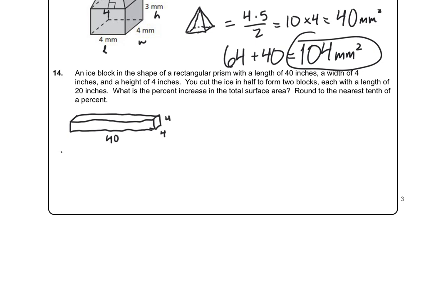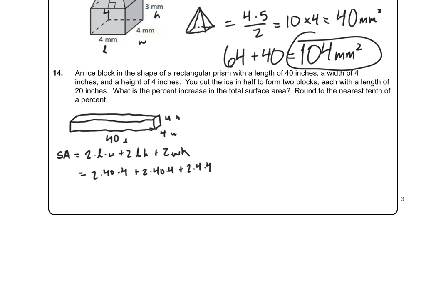To find the surface area of this one, it's 2 times length times width, plus 2 length height, plus 2 width height. My first one, length times width, is 2 times 40 times 4. My next one is the same, 2 times 40 times 4. And then my last one is 2 times 4 times 4.